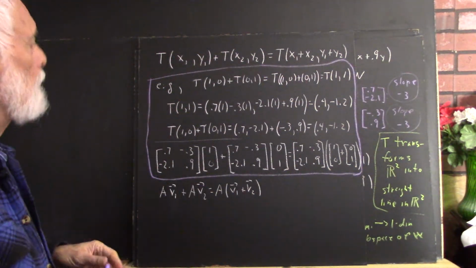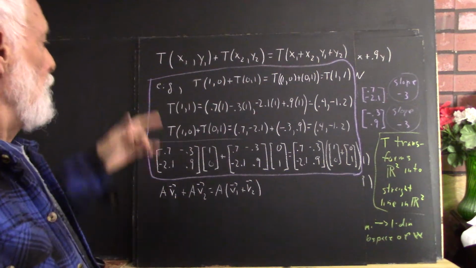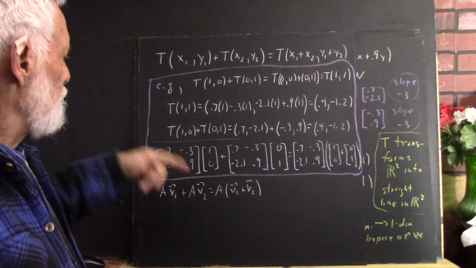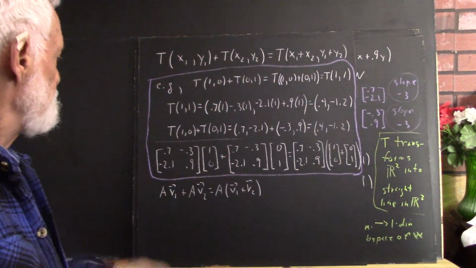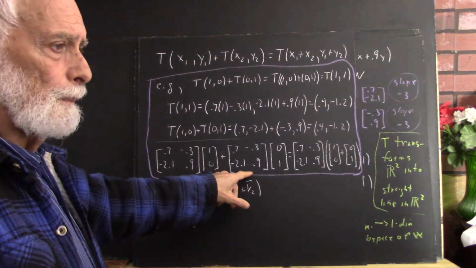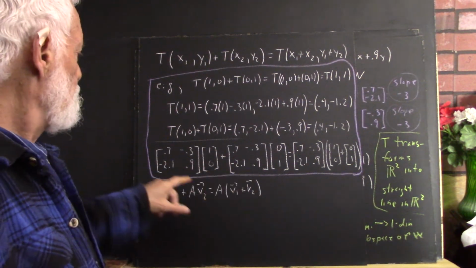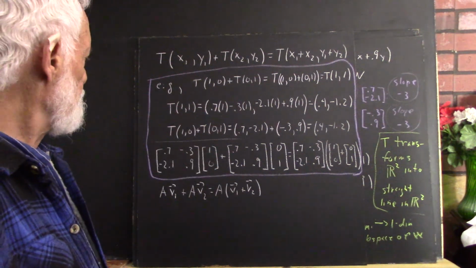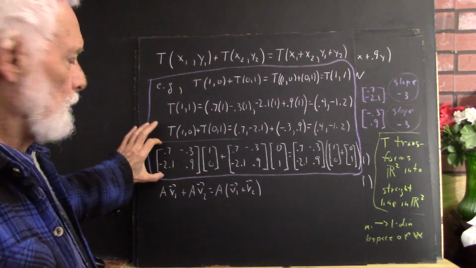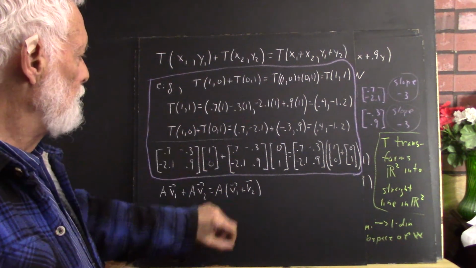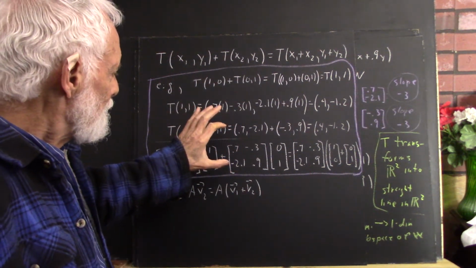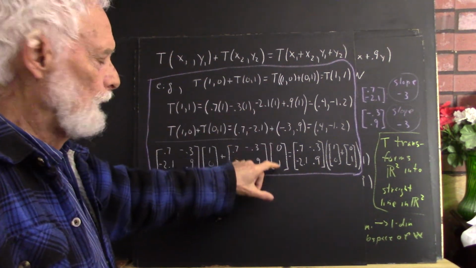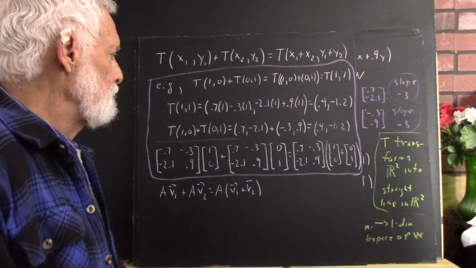Now, as we understand, the transformation that we're given can be represented by a matrix. So that the transformation of 1, 0 is this matrix product of the matrix with 1, 0, and the transformation of 0, 1 is again the matrix multiplied by the 0, 1 vector.